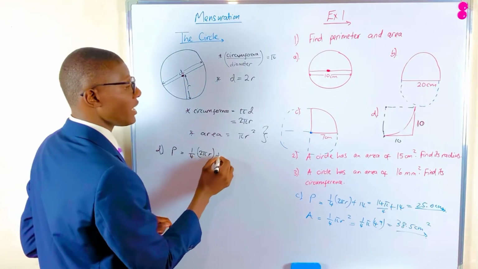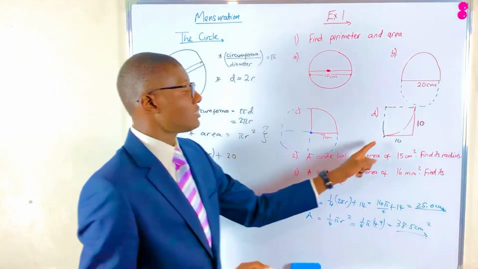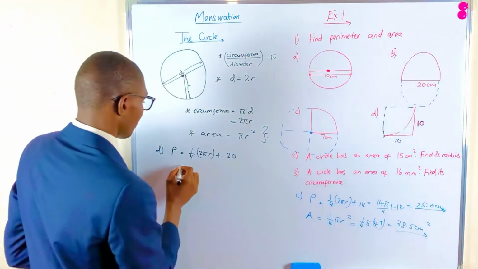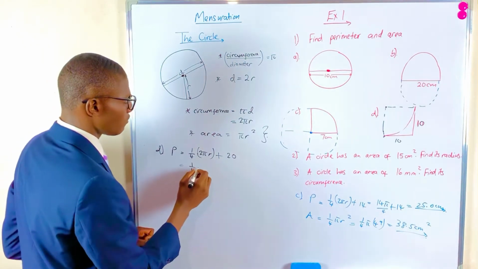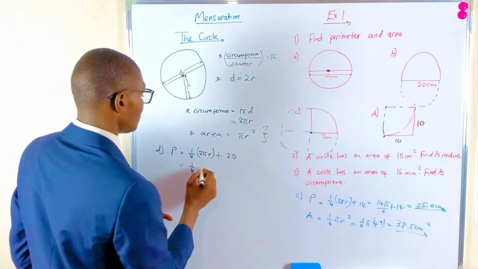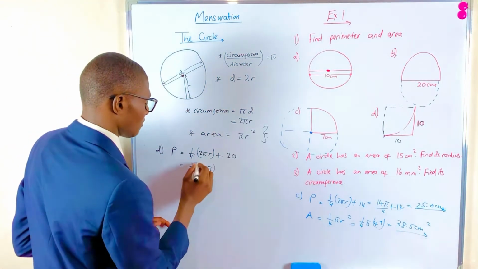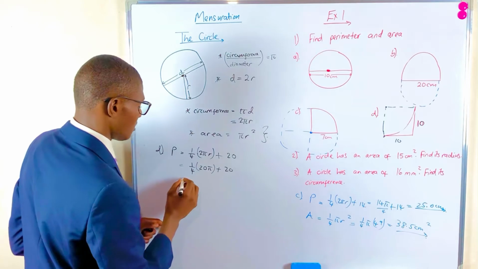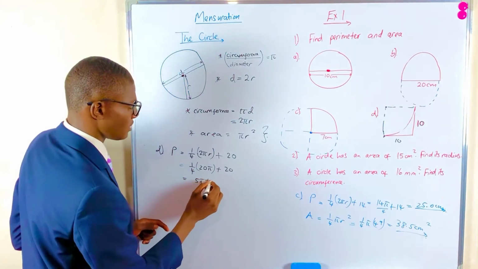Then we're going to add 20, 10 plus 10, right? And this will be equivalent to 1 over 4 of 2 pi, radius being 10, that's 20 pi, right? Plus 20, which is 5 pi plus 20.